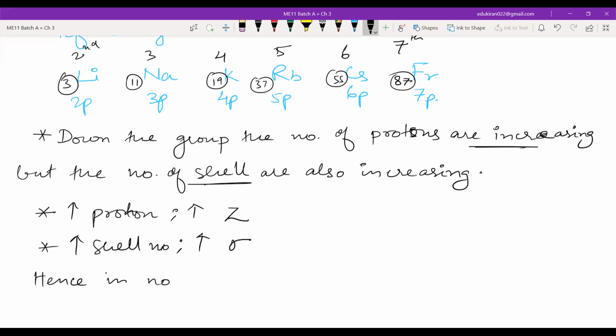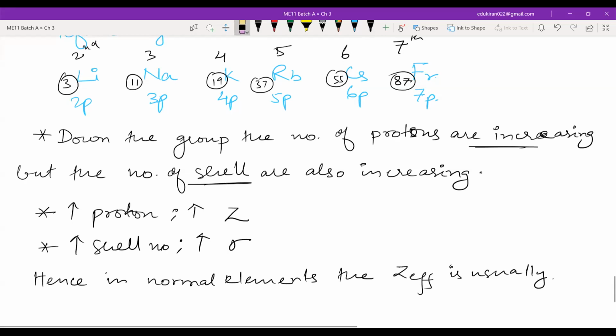Hence in normal elements, okay, normal elements means not the D group, S block and P block. In normal elements, the Z effective usually remains the same.